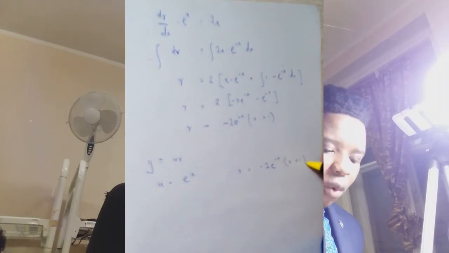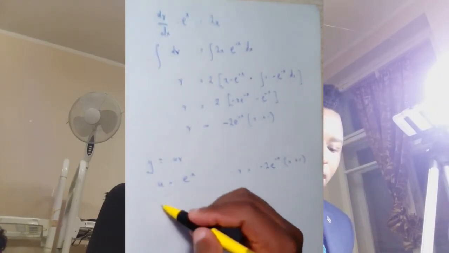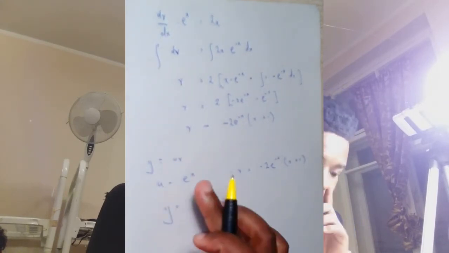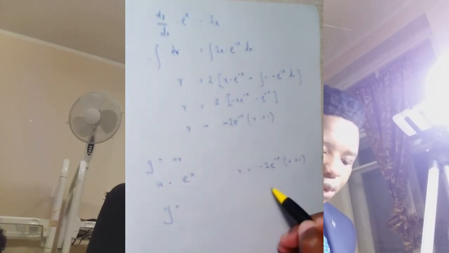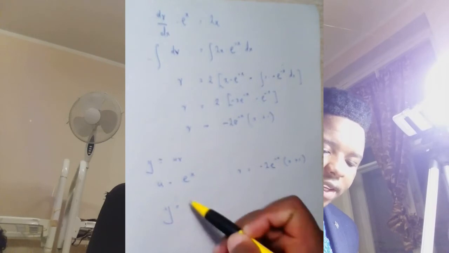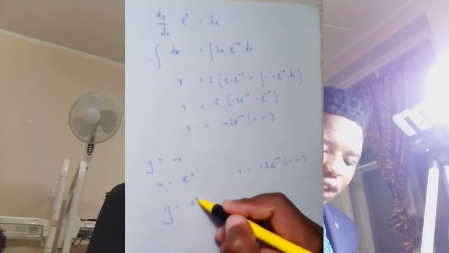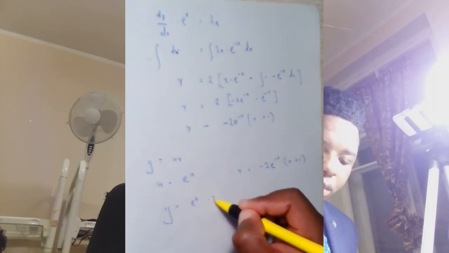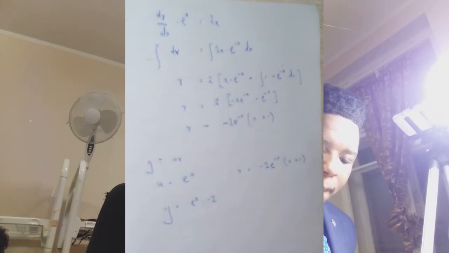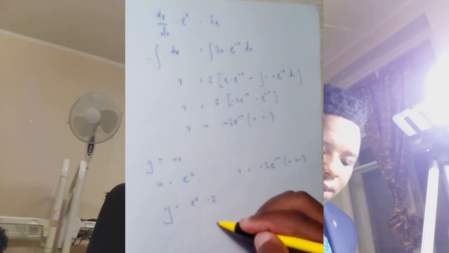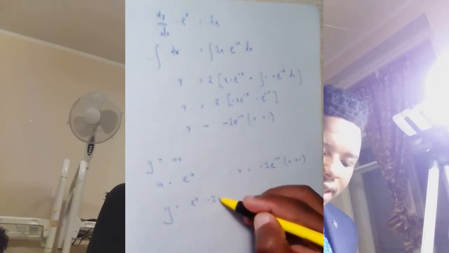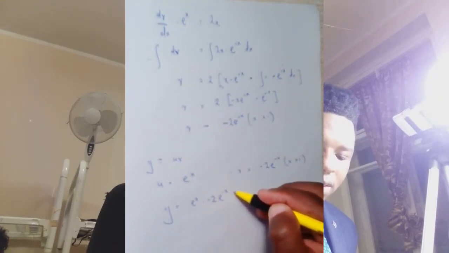So our y would be given by uv, which is exponent of x multiplied by negative 2 exponent of negative x, then x plus 1.